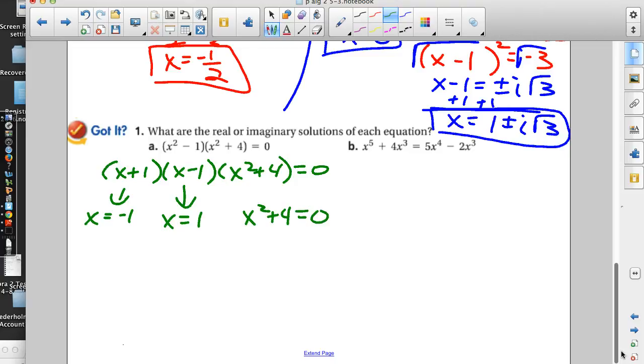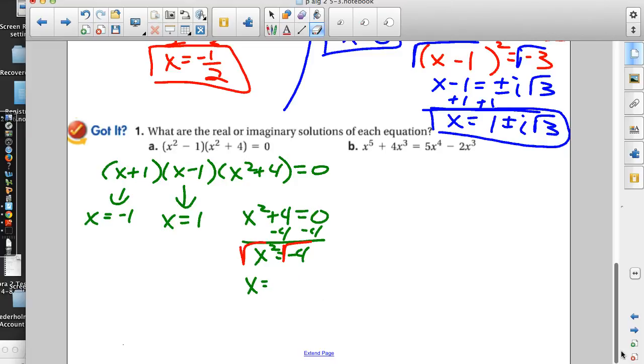And as soon as you set it equal to 0, hopefully you looked at that and said, oh, I'm just going to solve that. Subtract 4 from both sides. And then I'll take the square root. So x equals plus or minus what? 2i.